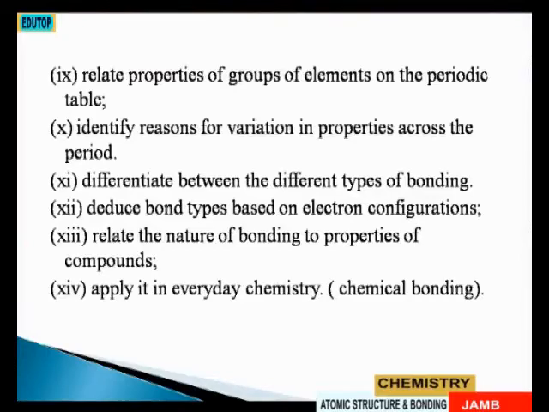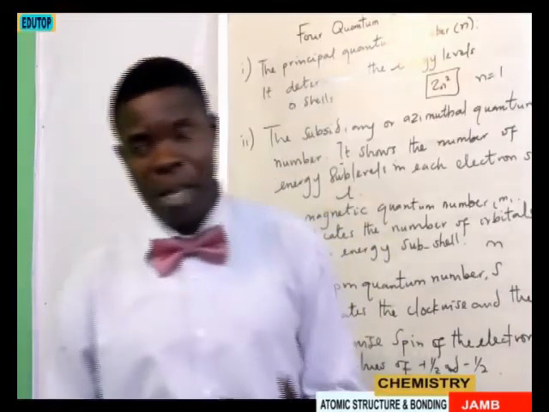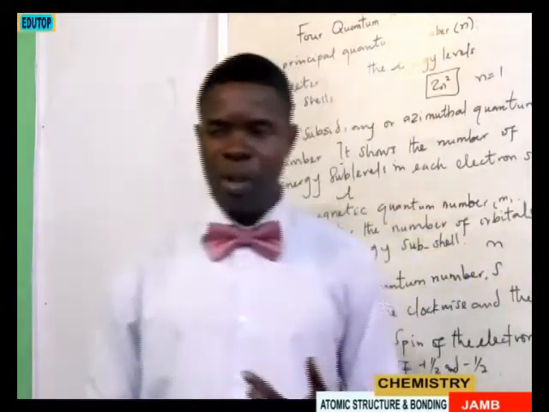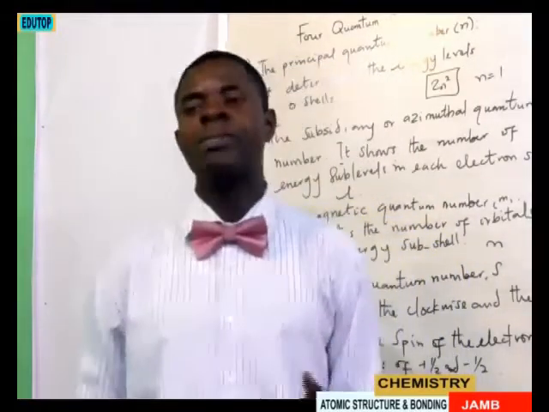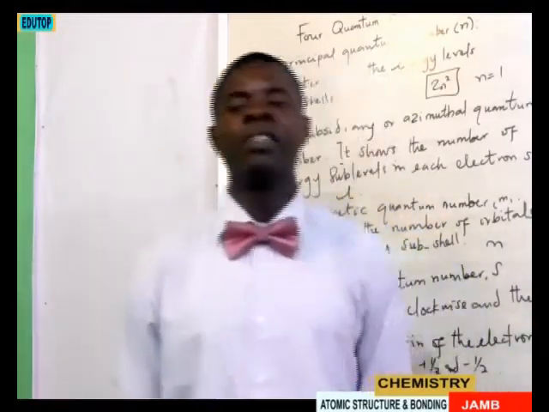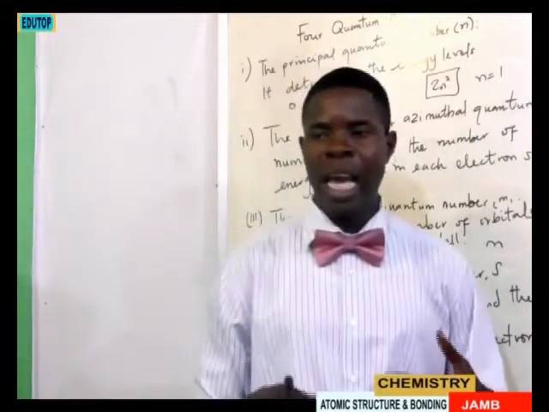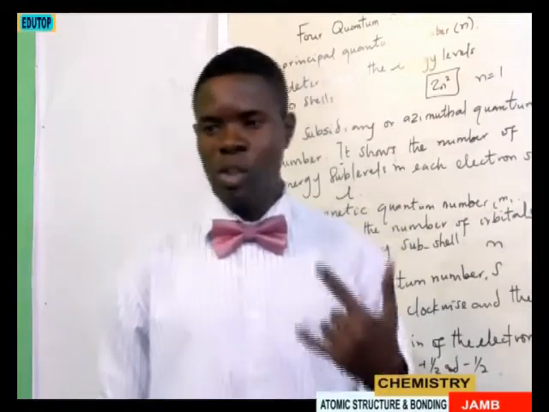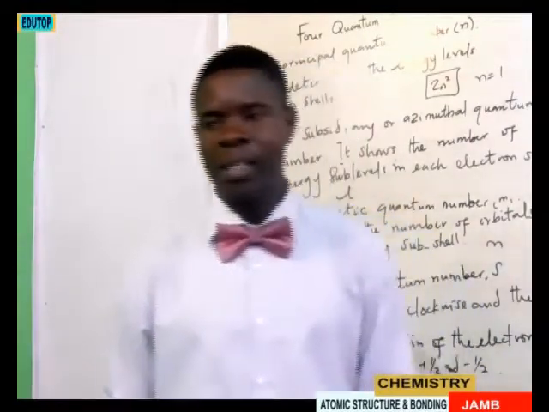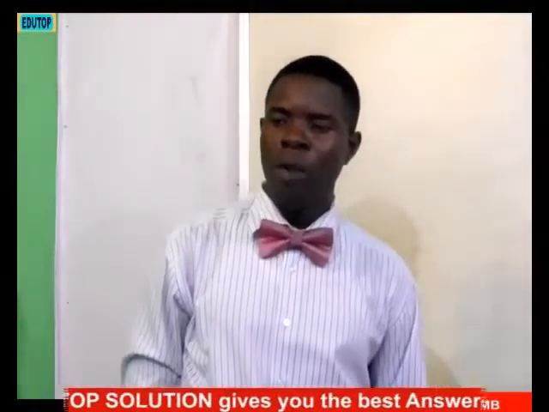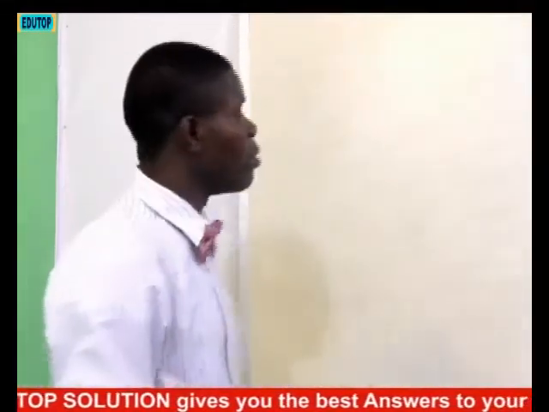Relate properties of groups of elements on the periodic table. So you are relating that. Then we'll be talking about atomic radius, ionic radius, ionization energy, electron affinity, electronegativity, which we are going to talk about elaborately in the subsequent slide. So the properties of groups of elements on the periodic table.